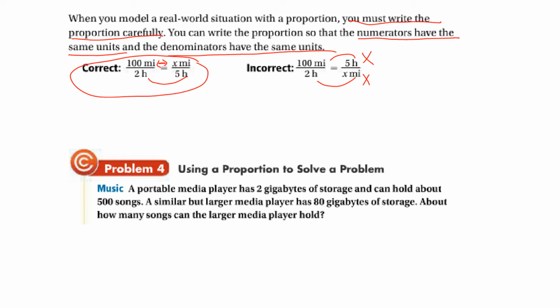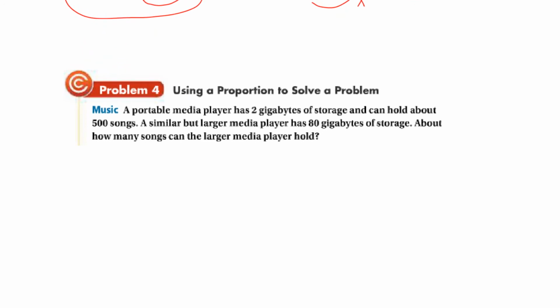So let's look at an example of a problem. It says a portable media player has 2 gigabytes of storage and can hold about 500 songs. A similar but larger media player has 80 gigabytes of storage. So how many songs can the larger media player hold? I could write a proportion: the first one has 2 gigabytes of storage and it can hold 500 songs.